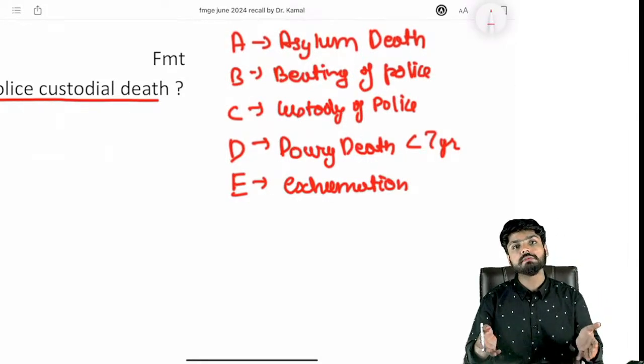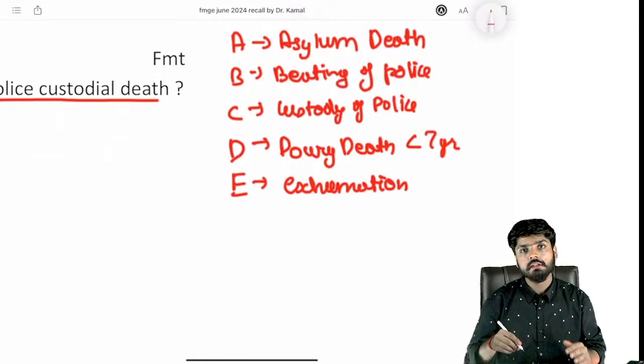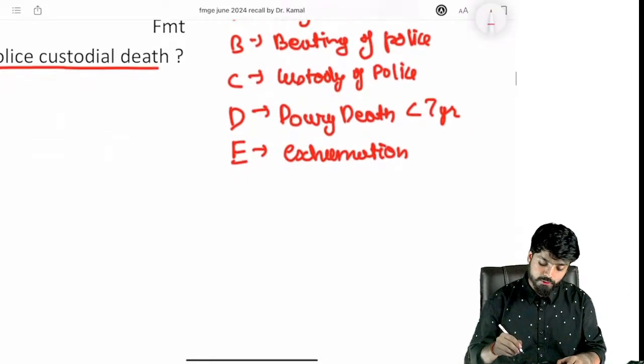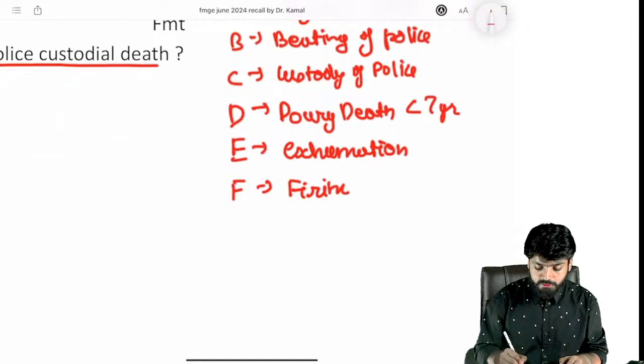Exhumation is digging up the grave and taking out the remains of the dead person. If you need that kind of process in a case, then only a judicial magistrate can order it. And one more, F, that is death due to firing by police.